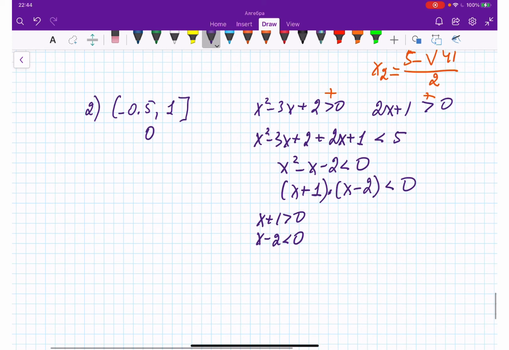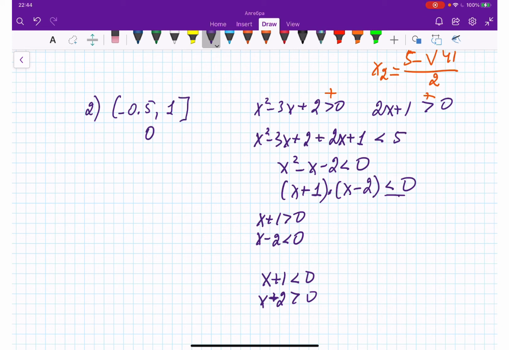Second combination, x plus 1 is less than 0, x minus 2 is greater than 0. Why is that? Because the product is less than 0, that means one of the parentheses is positive, one is negative, to get a negative product. Since we don't know which one is positive and which is negative, we are using both choices.